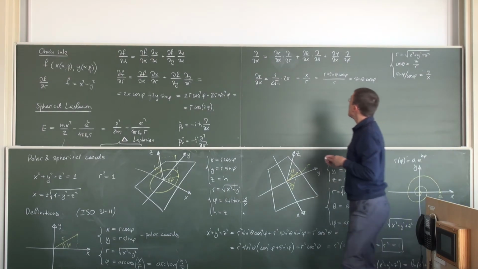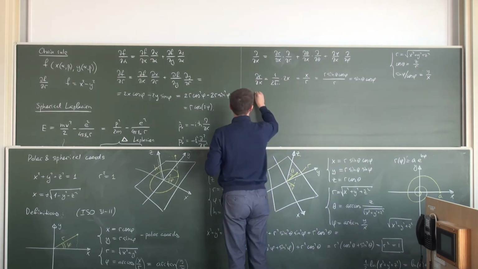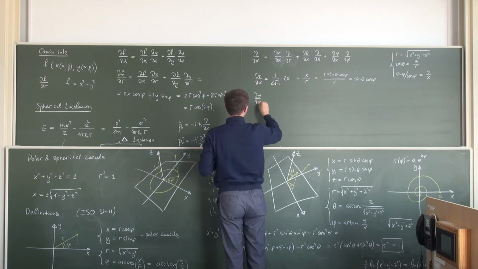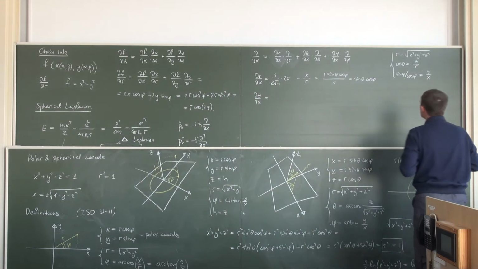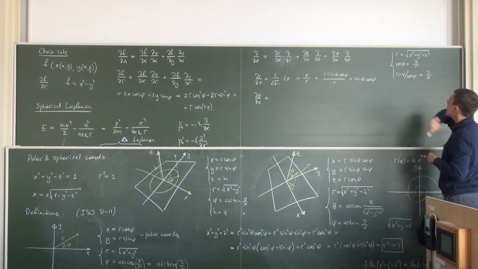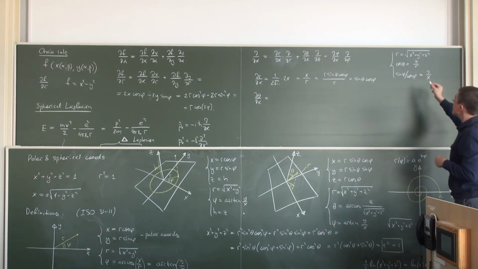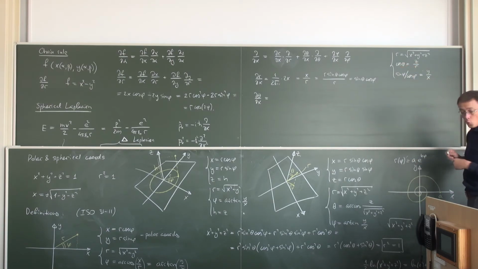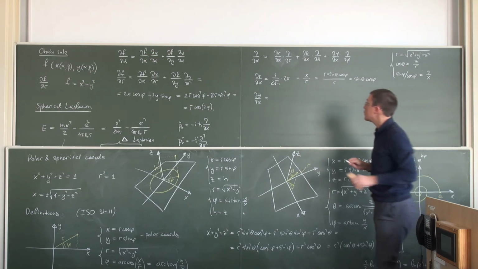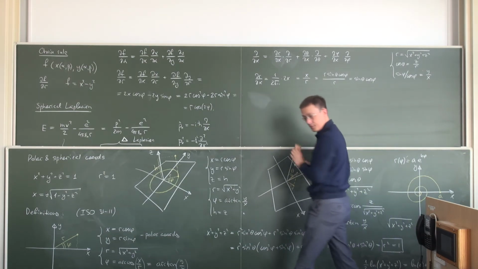Now d theta by dx. We've got it as a cos, so let us differentiate both sides of this with respect to x. We will not immediately do that.